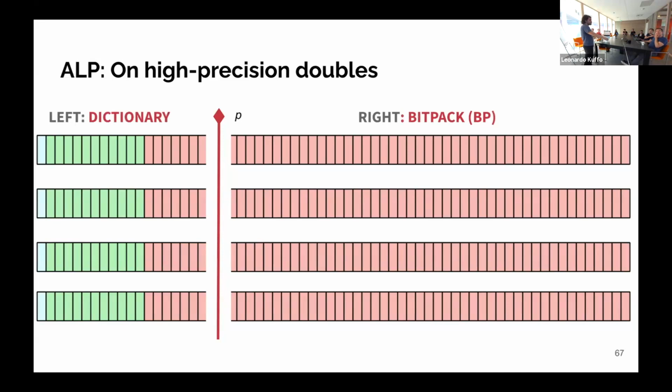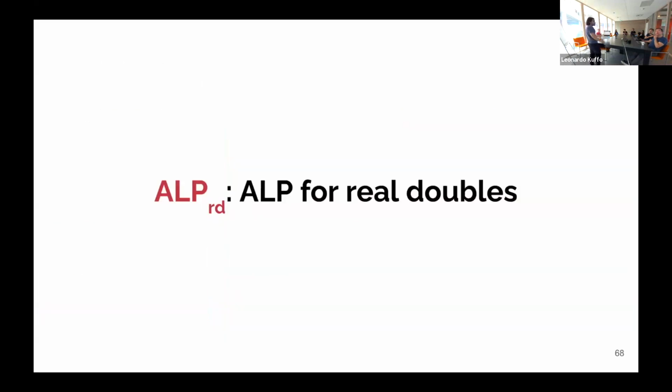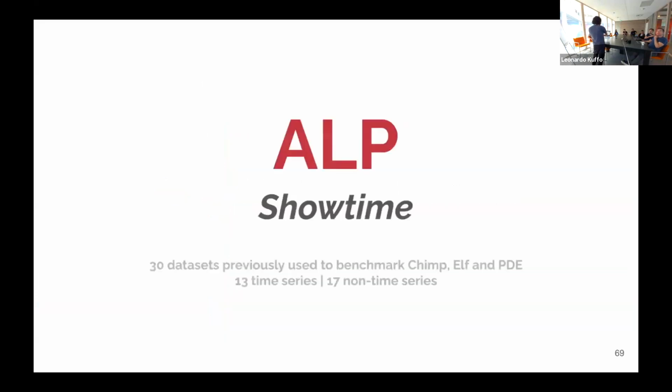And the left part, since these values are similar between them, we use dictionary compression to compress this. And by doing this, we achieve better compression than all the other methods in these data sets. And we call this ALP-RD, for ALP for real doubles.